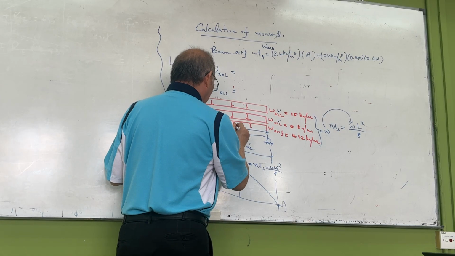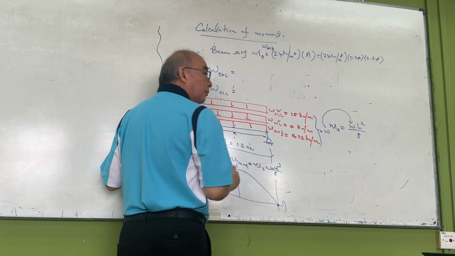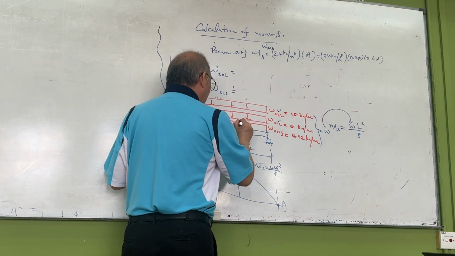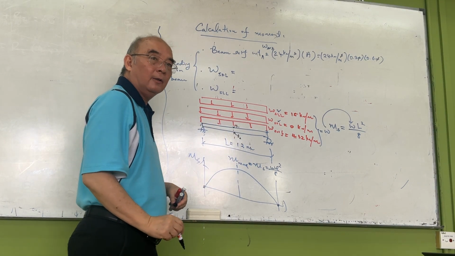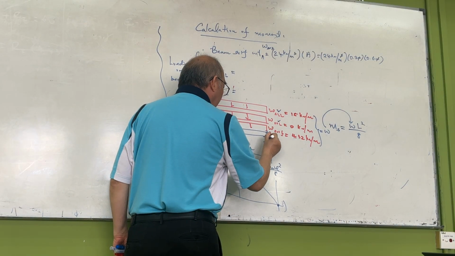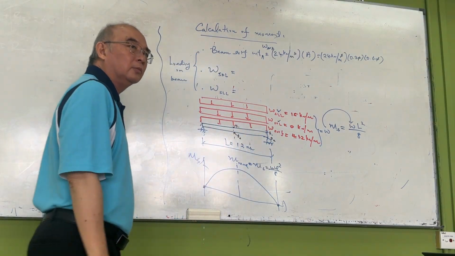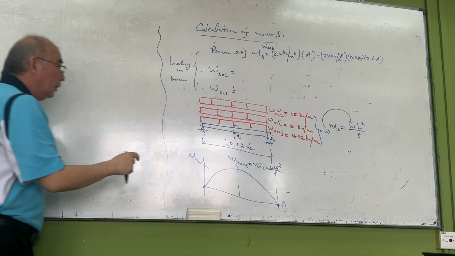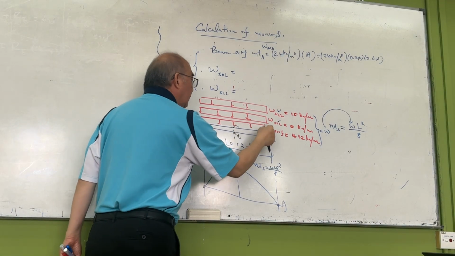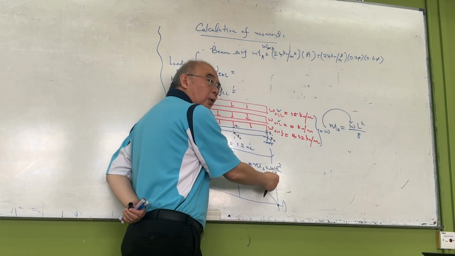So at midspan, let's say this is the midspan. I need to calculate at the top and at the bottom. That means at the top is F1, at the bottom F2. And also at the support, I need to calculate the stresses at the top and at the bottom. So this is what I mean by calculation of concrete stresses at top and bottom, at midspan and at the support. Understand? So at midspan, the maximum moment is WL squared over 8.